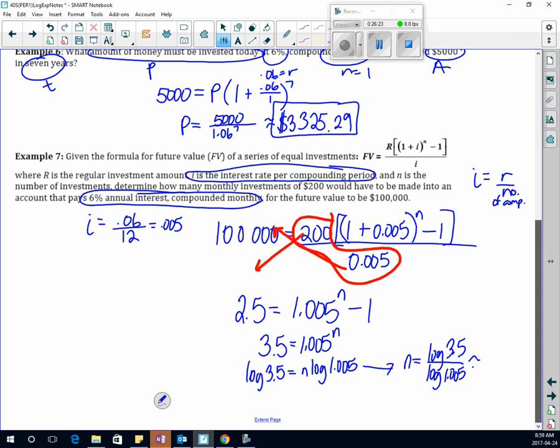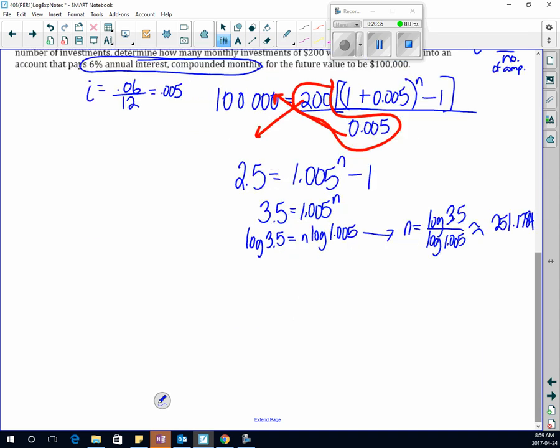And so it's approximately 251.1784. What does that mean? What did I just solve for? Yeah, so this would represent 251.